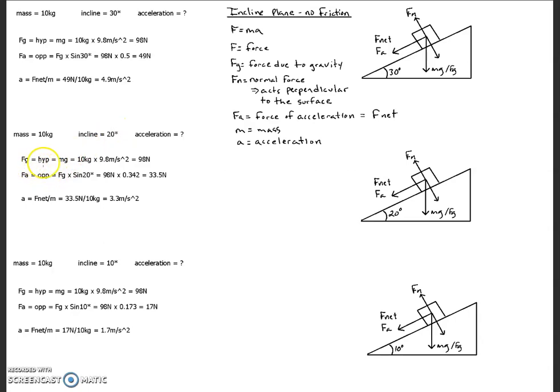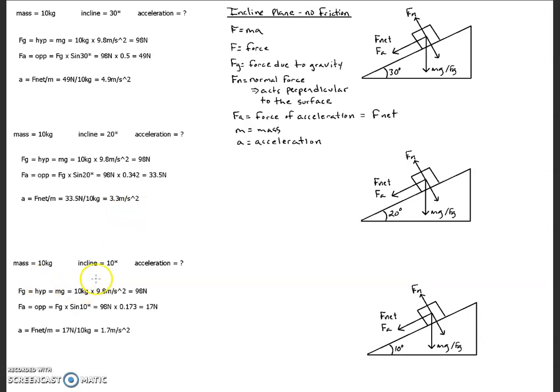So if we take the same equation, Fg equals the hypotenuse, so 98 newtons, that hasn't changed any. And we're going to multiply that by the sine of the 20 degree angle, and that gives us 33.5 newtons. So that means that we are accelerating at a rate of 3.3 meters per second squared.